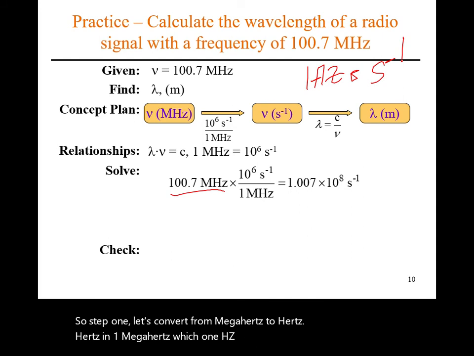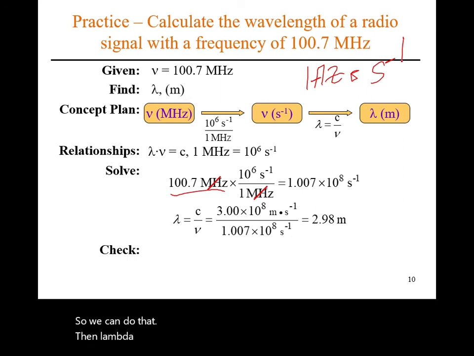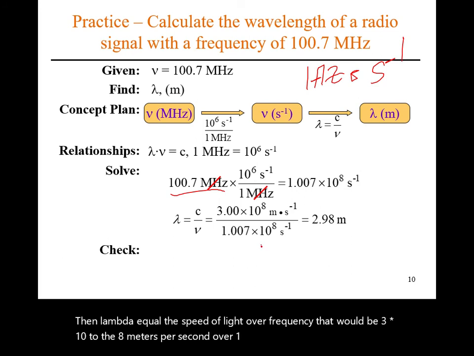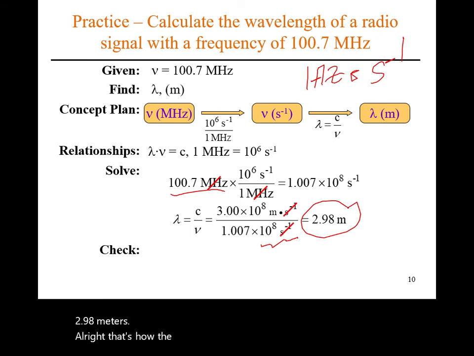So we can do that. Then lambda equals the speed of light over frequency. That would be 3 times 10 to the 8 meters per second over 1.007 times 10 to the 8 per second. I get 2.98 meters. All right, that's how the two are connected.